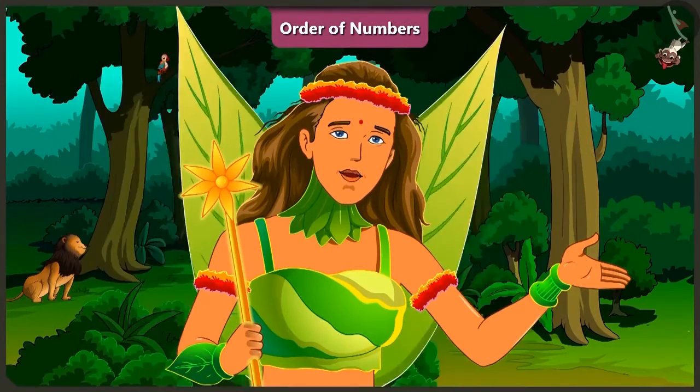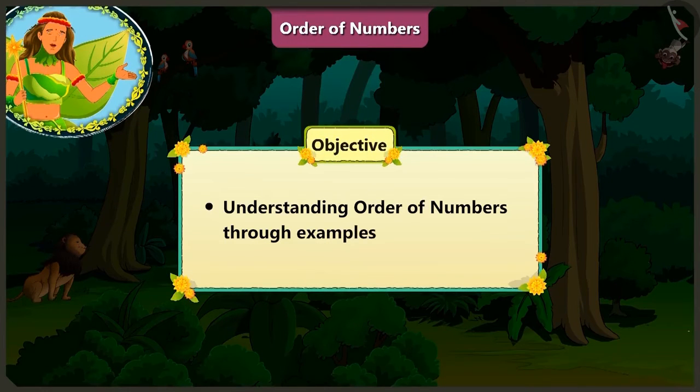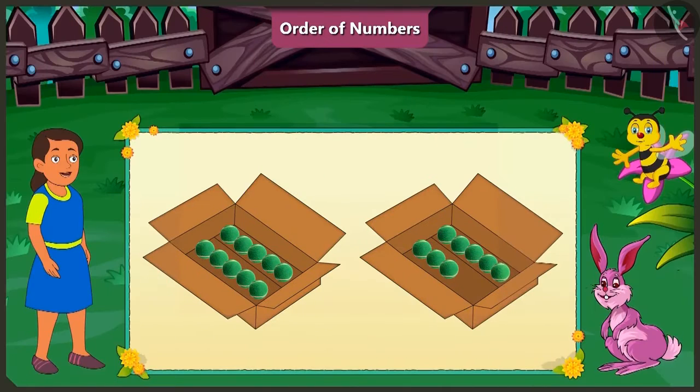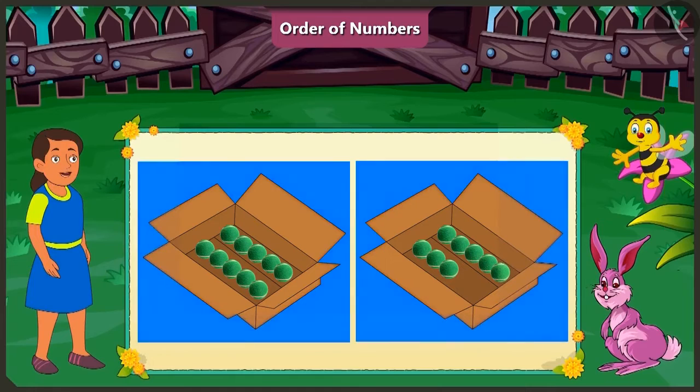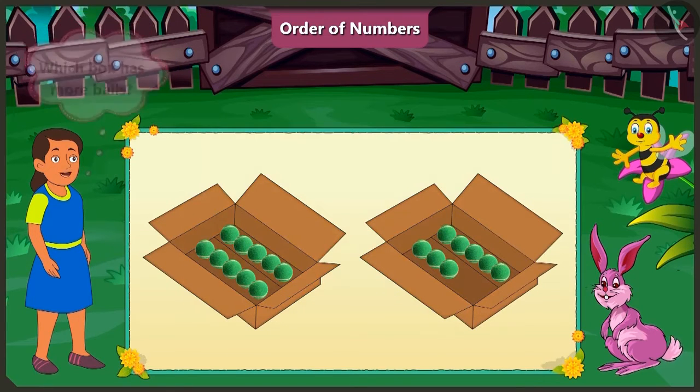Children, in this video, we will understand the order of numbers better with the help of some interesting examples. Hey honey, look, there are two boxes of balls here. Which box has more balls in it?